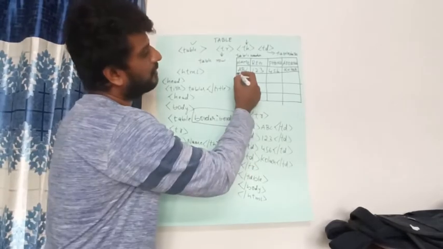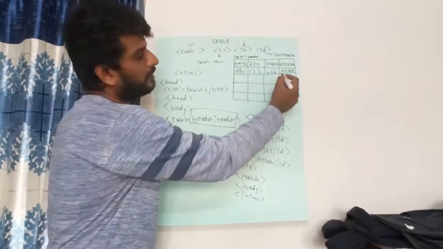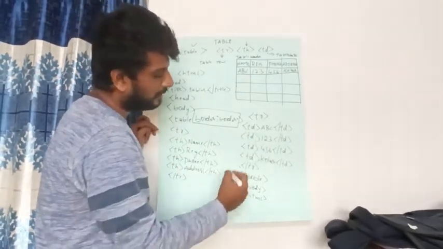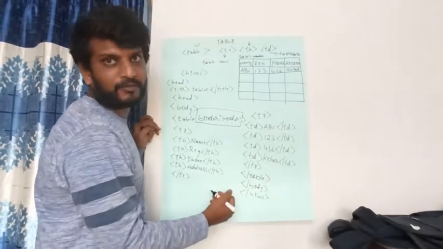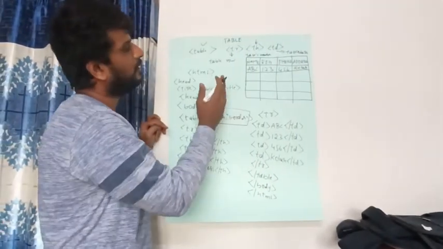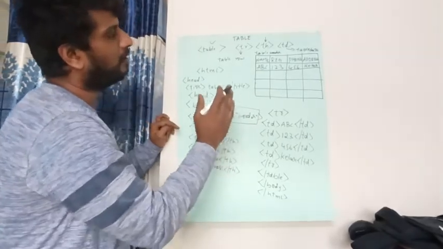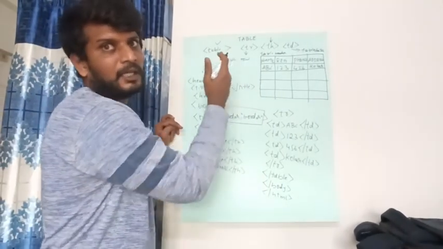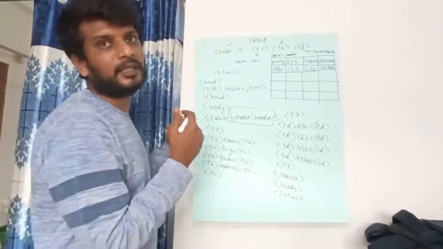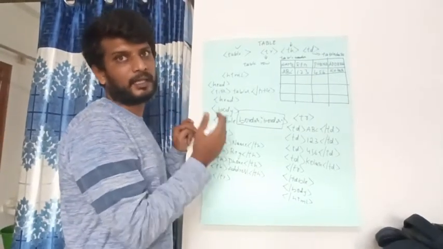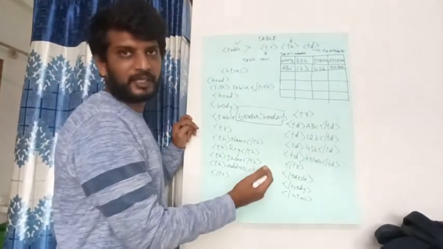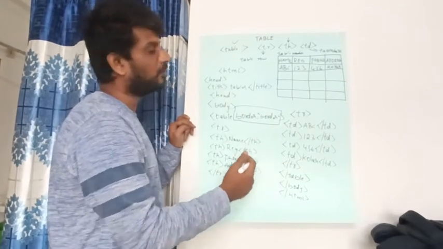Whenever you need to use data, you need to use the td tag. Like this I can create any number of rows. So this is the concept of tables. In our previous class, I sent you the programs on how to create the table. Again, just cross verify it and then execute the same concept.